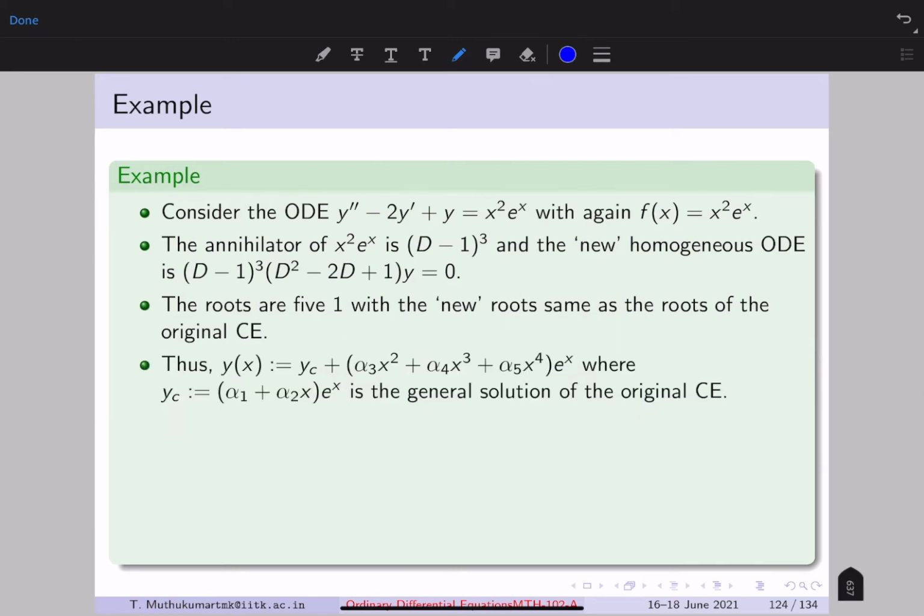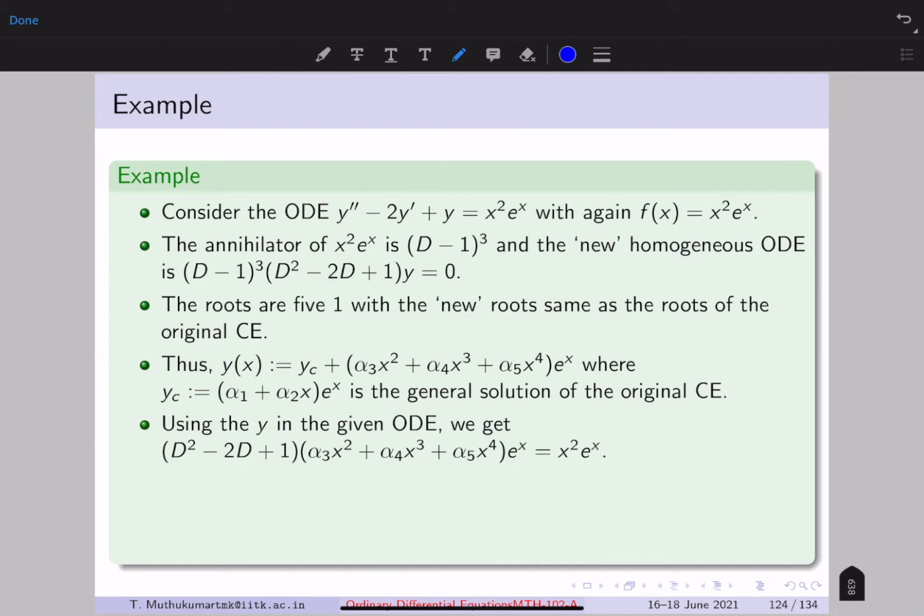Now once you have this, use this y in this ODE. Then you get this ODE. Now you apply the derivatives for these functions.